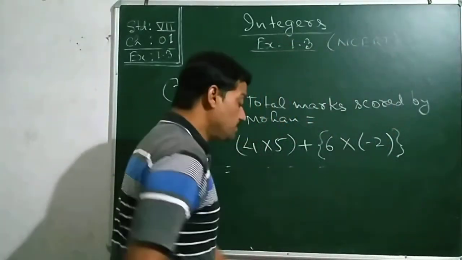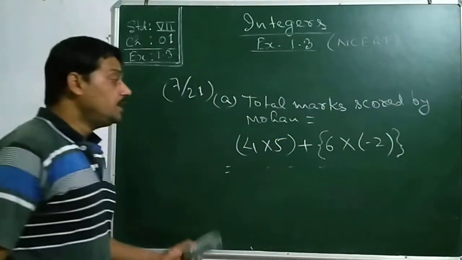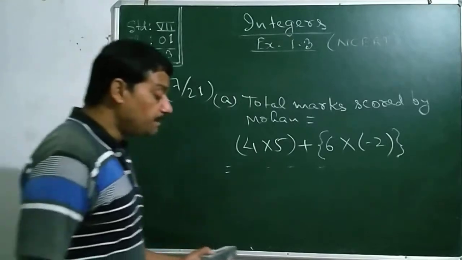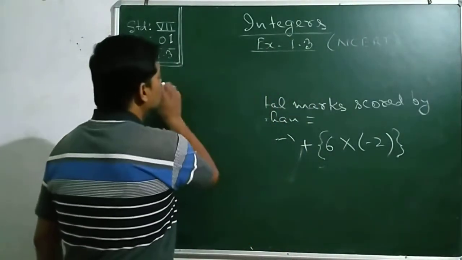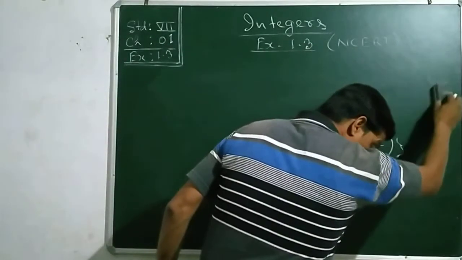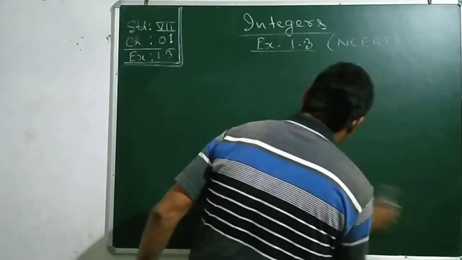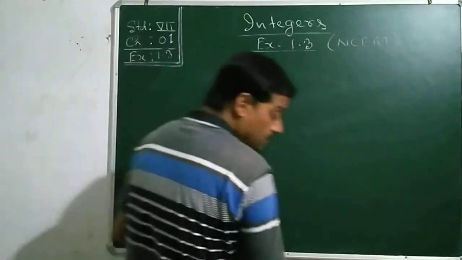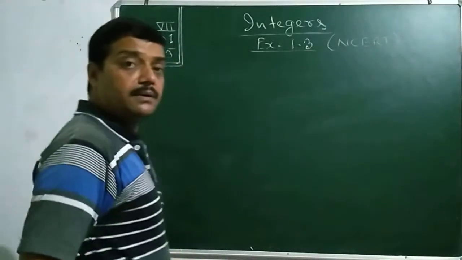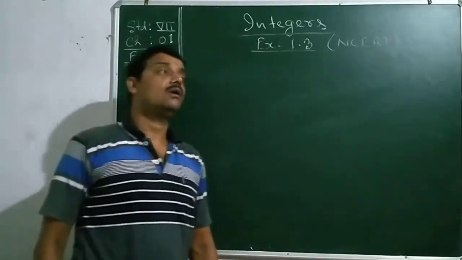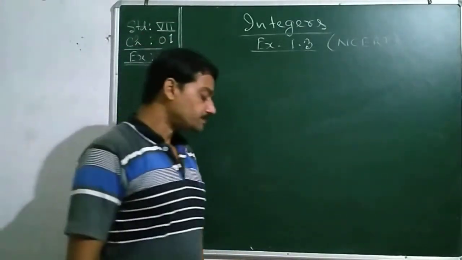Come to the 8 number sum now. In the 8 number sum, a cement company earns a profit of rupees 8 per bag on white cement and a loss of rupees 5 per bag on grey cement.